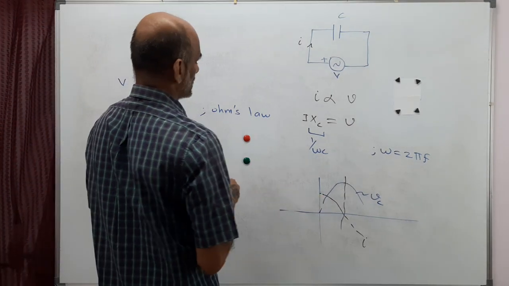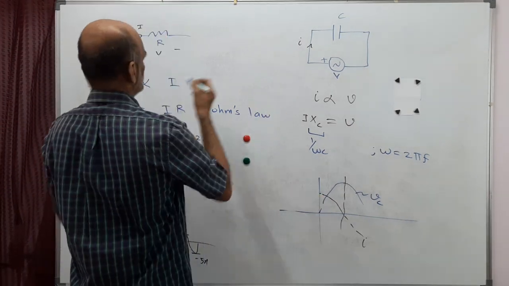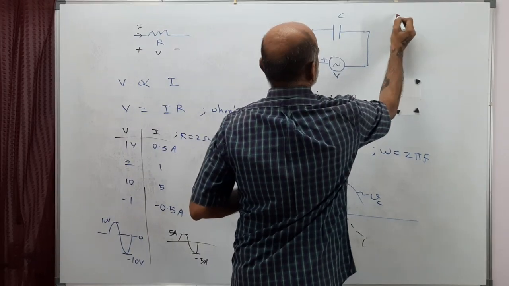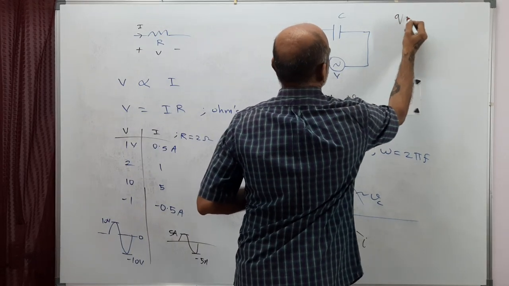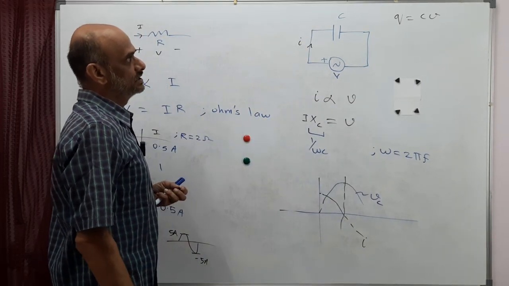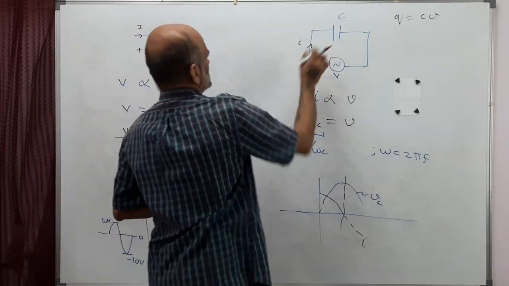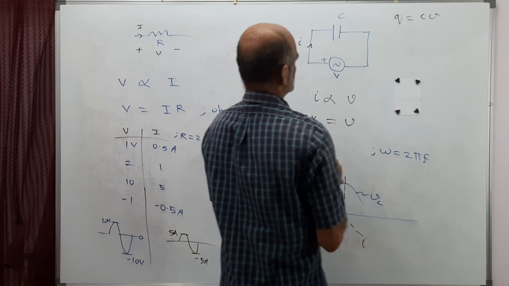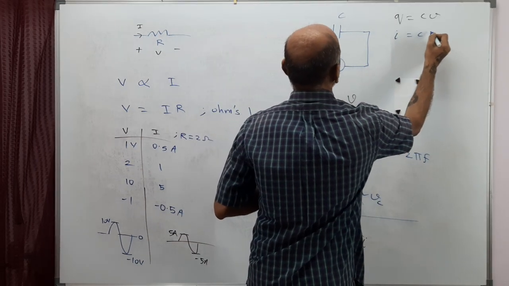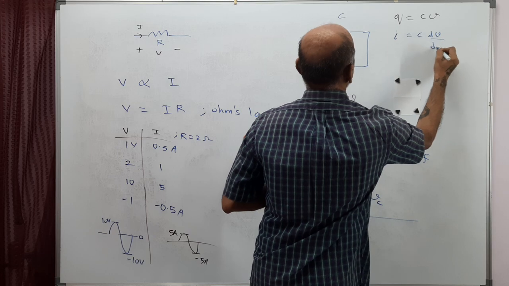This relation between current and voltage we can figure out from this capacitor. For a capacitor we have this relation, Q is C into V, where V is the voltage applied across the capacitor and Q is the charge stored in the capacitor plates. Differentiate both the sides with respect to time, dq by dt is the current I equal to C into dV by dt.